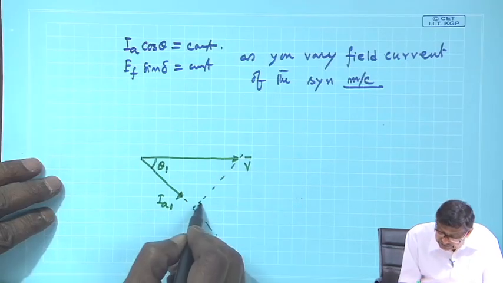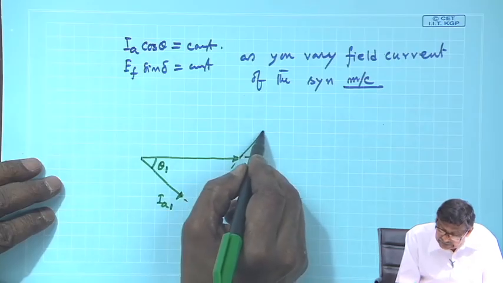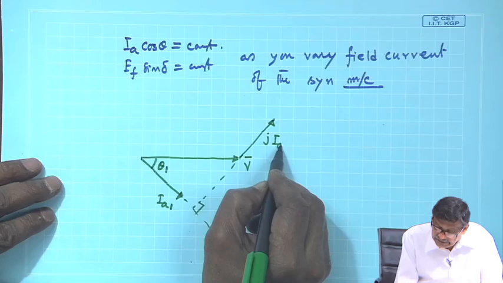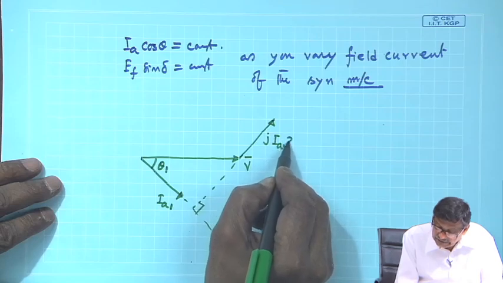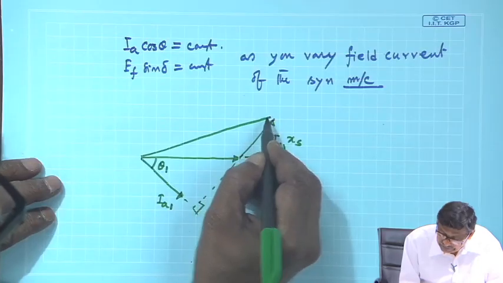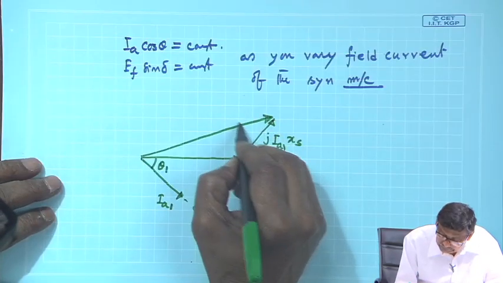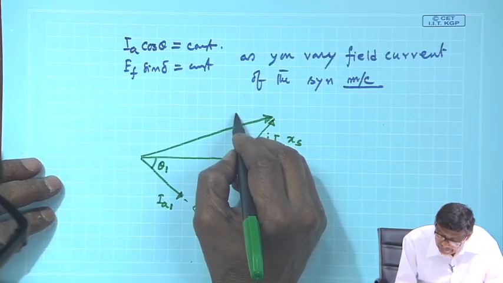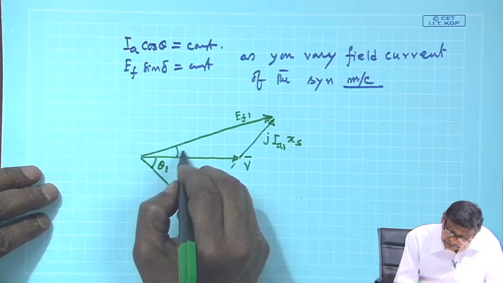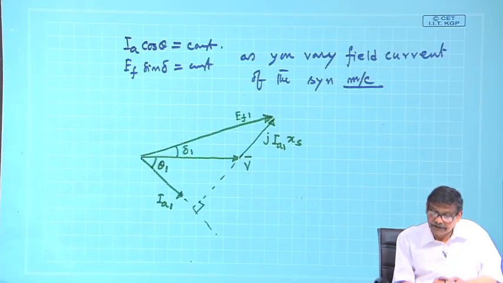So, this angle is 90 degrees, this is jI_a1 x_s, and you get your E_f1. And this angle is delta 1, the initial operating point.